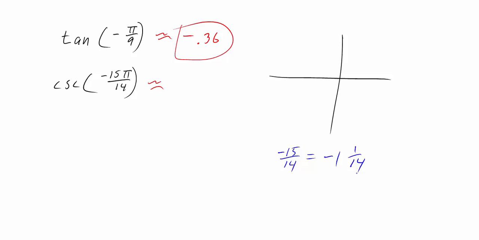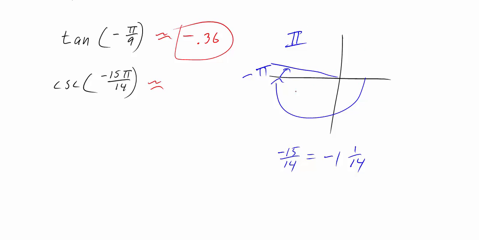So we know we're going a negative 1 pi, so that would be here a negative 1 pi, okay, so that's halfway around, and then we need to go 1/14 more, so that means we're going to be right here in the second quadrant, okay.